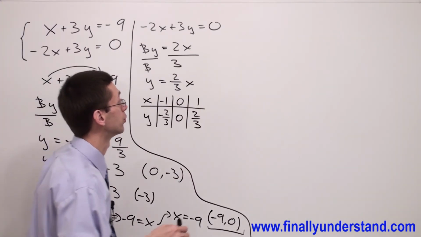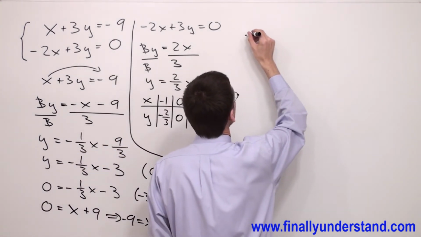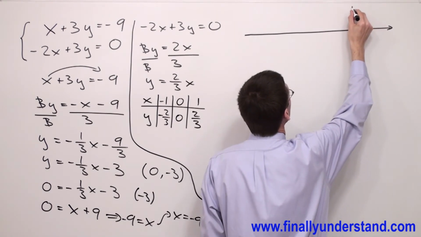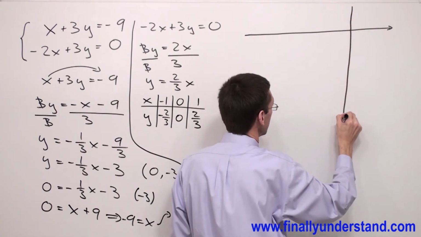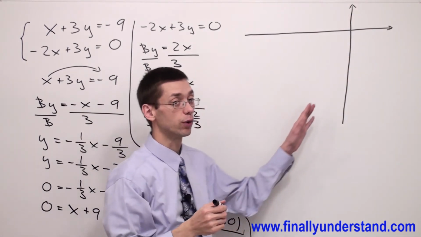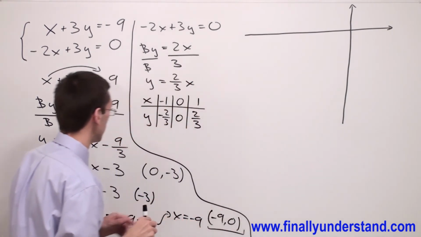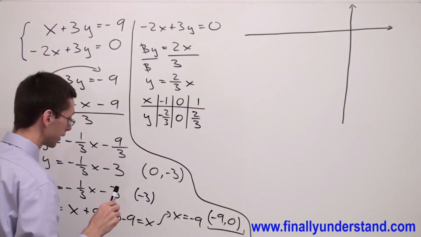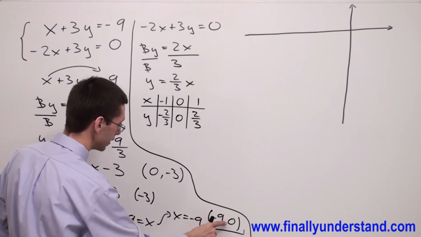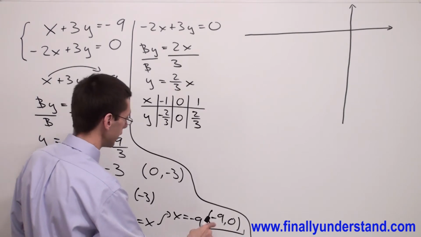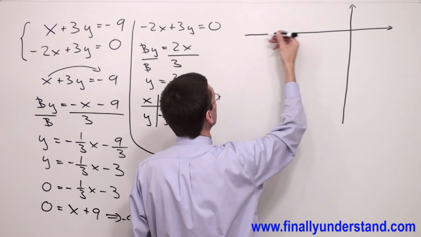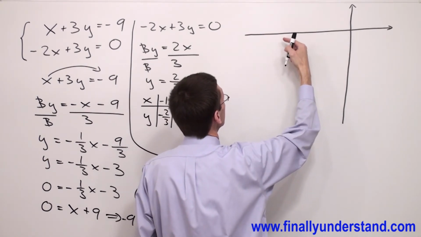Now we're supposed to draw the rectangular coordinate system. So this is the x-axis, and this is the y-axis. Why did I draw it this way? Because I got a point which has coordinates -9, 0, and I'm supposed to have more space on the negative x-axis.